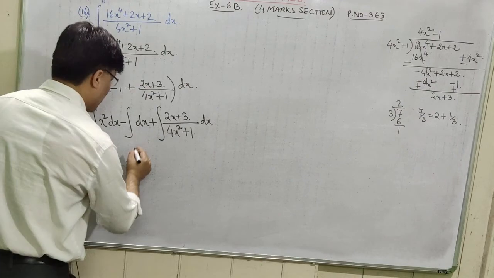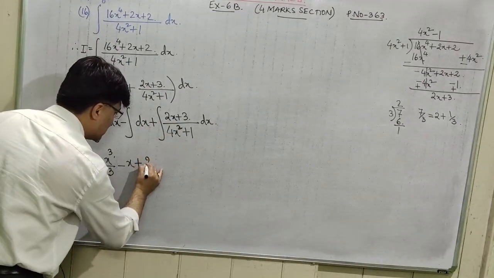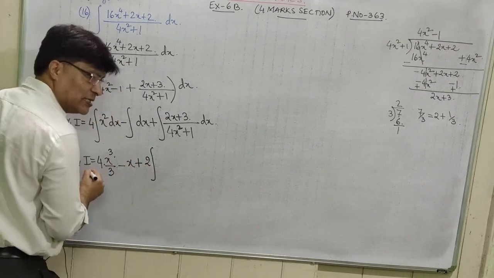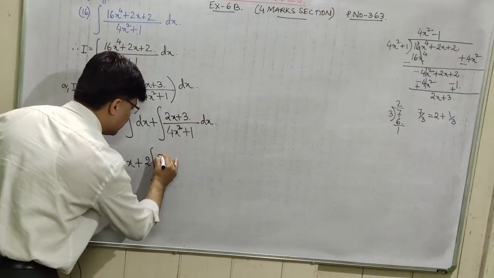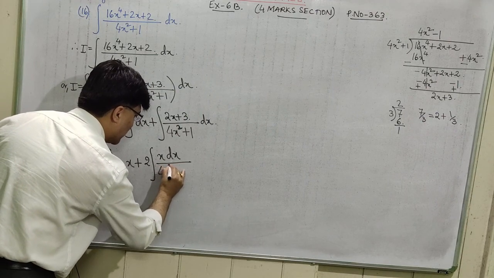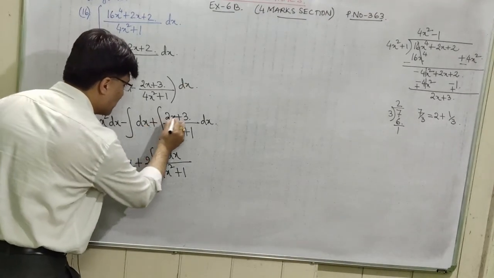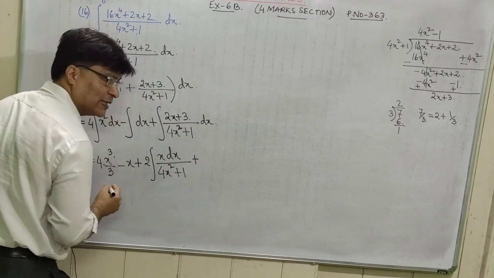Okay, so plus, so let us separate it. So 2 is constant, 2 is taken outside. Integration of x dx divided by 4x square plus 1. Is that clear? So this plus into plus is plus, right?